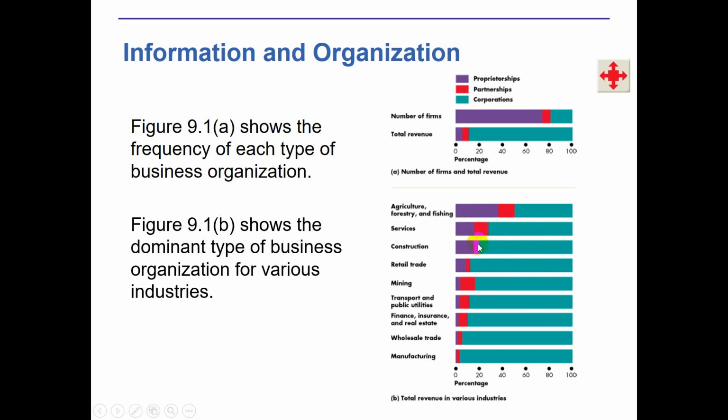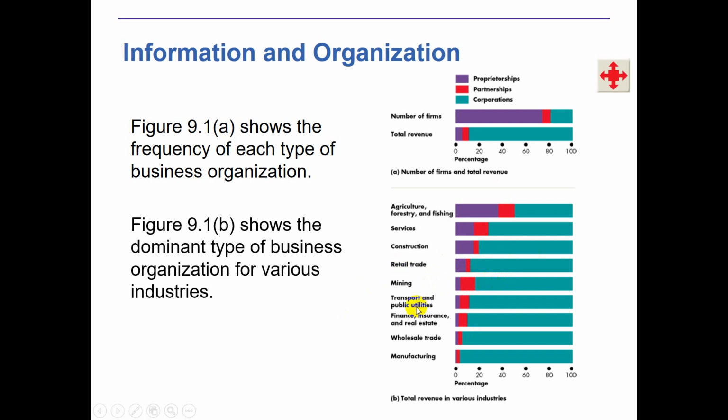In the construction industry, corporations are also heavily higher. Then retail trade, more corporations than proprietorships. Mining also has corporations with a major share.